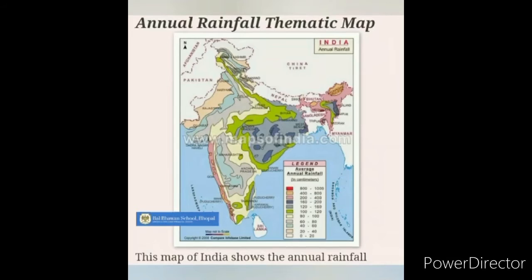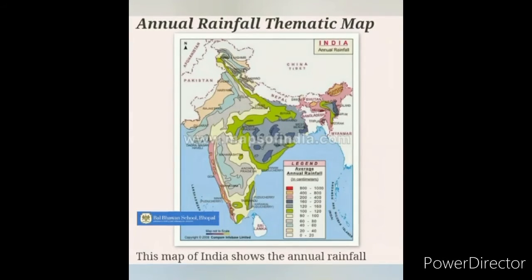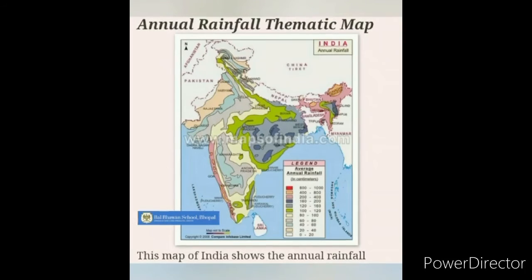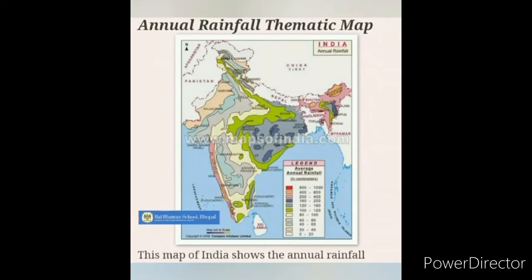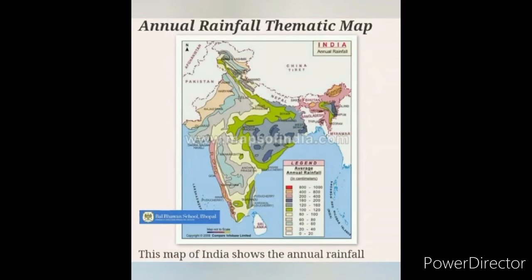A thematic map is specifically designed to show a particular theme connected with a specific geographic area, such as temperature variations, rainfall distribution, or population density.